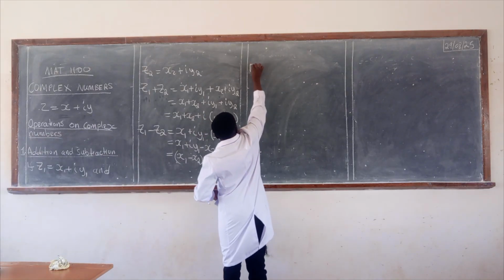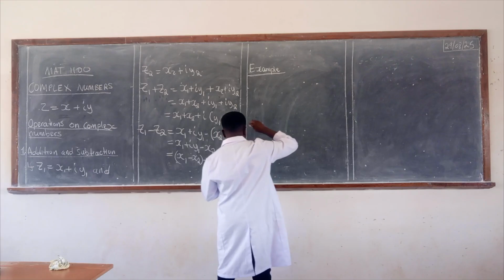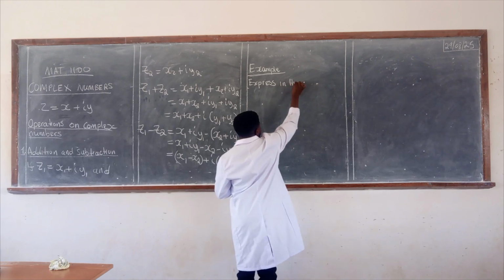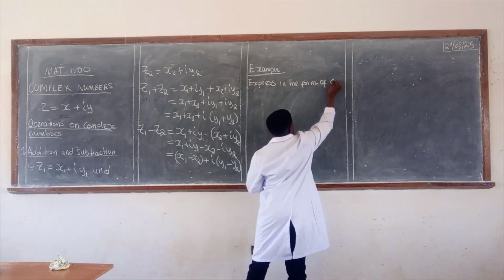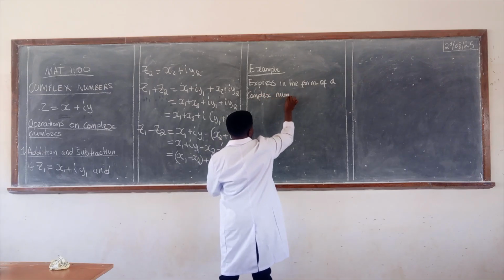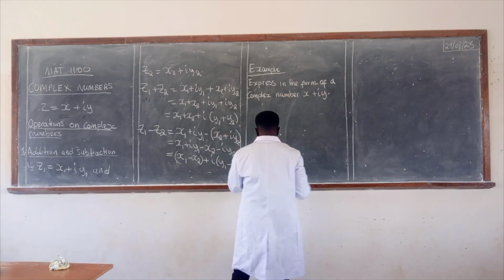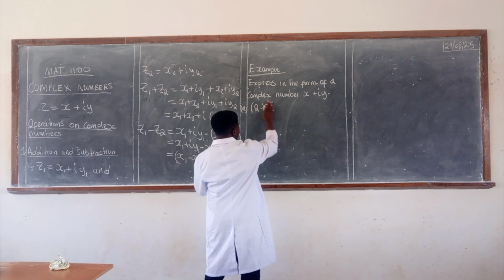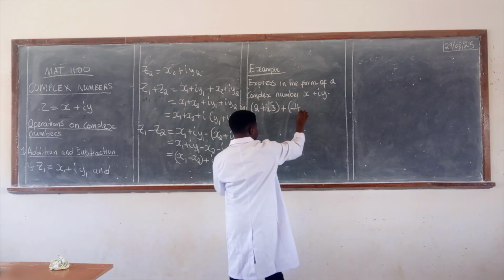Example. Express in the form of a complex number x plus iy: A, 2 plus 3i plus negative 4 plus i.